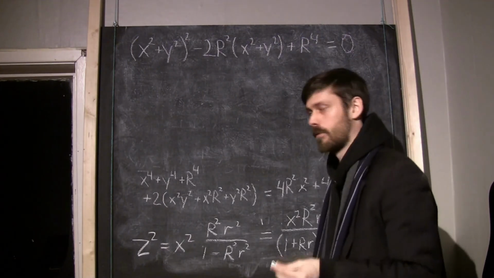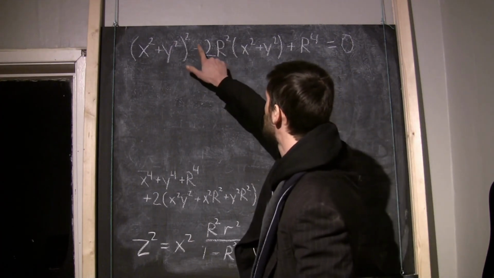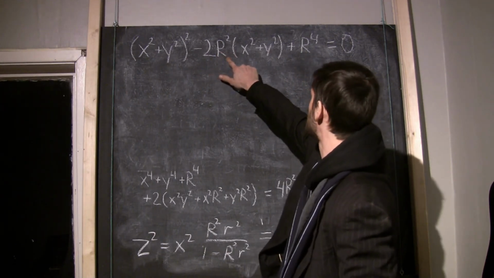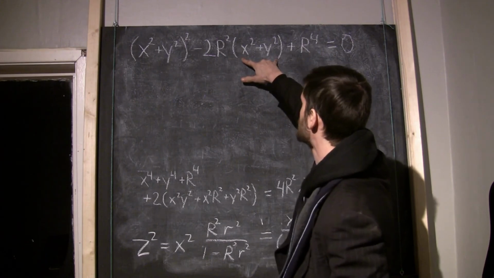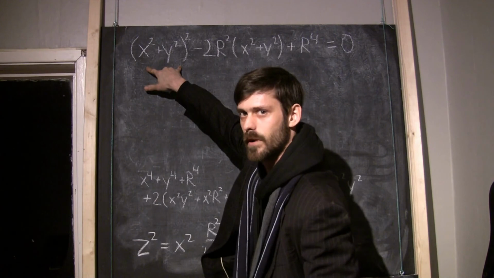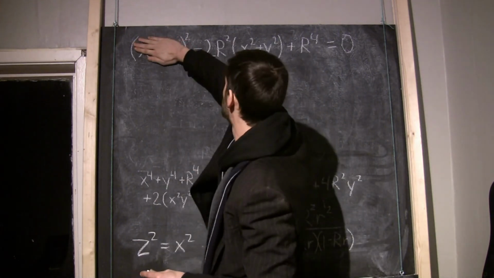And now when we have this expression, take note that we have a minus 2 R squared something. Here we have an R to the 4th, and here we have an x squared plus y squared, and we have an x squared plus y squared squared. So you could sort of do a substitution.